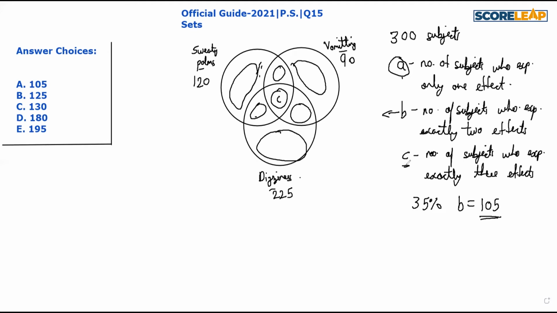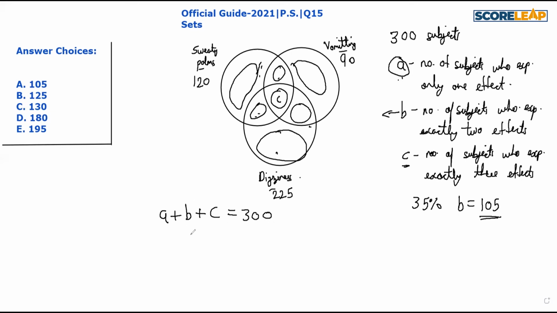So we have two unknowns, A and C. For finding the value of A, we need at least two equations because we have two unknowns. So let me make the first equation like this: A plus B plus C will be equal to the sum of all these parts, which is 300, because 300 is the number of subjects and all the subjects should be covered inside this circle, and there is no subject outside of it because no subject experienced none.